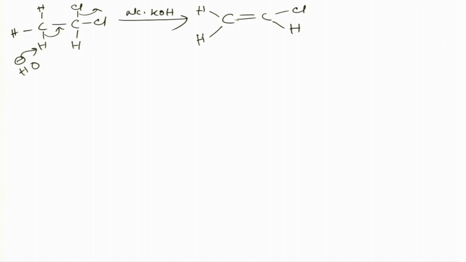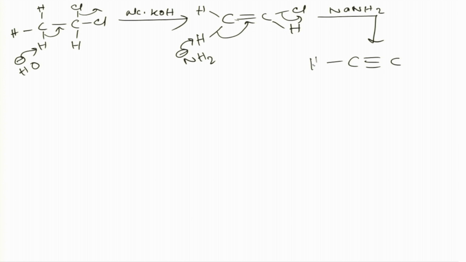In the second step, we will have sodamide, and we get this alkyne. The second step is stabilized due to this double bond. Of course, as we mentioned earlier, we need a stronger base.